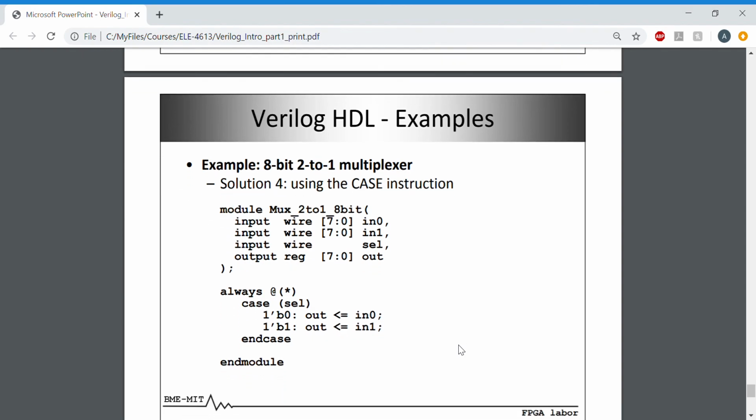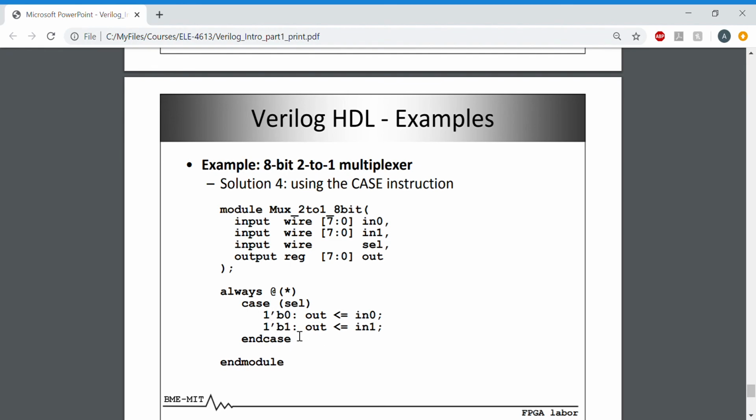Another one uses the case statement. This is very important because you will see how many possibilities you have to describe the same thing. Using the case statement, you do case sel, because the selection is the thing that is changing, and then it's 1'b0 and 1'b1. Here you don't have the default because you covered all the binary cases.